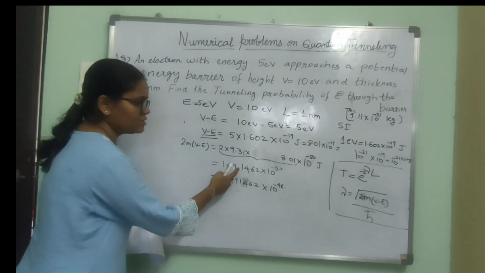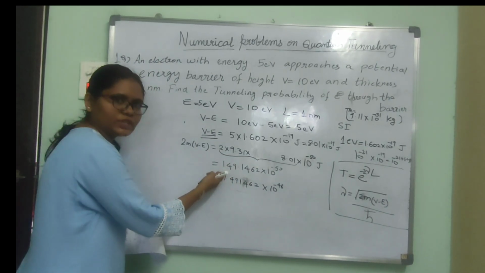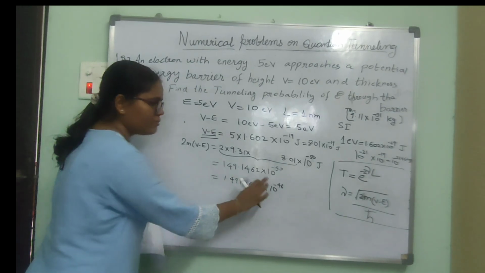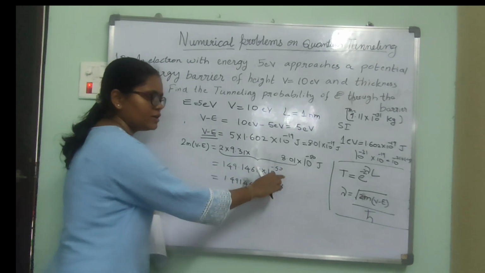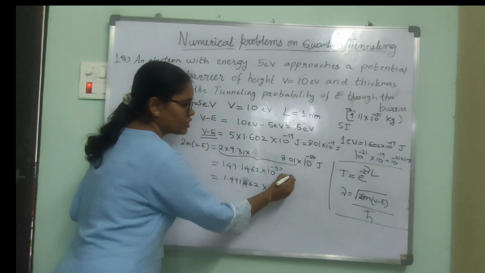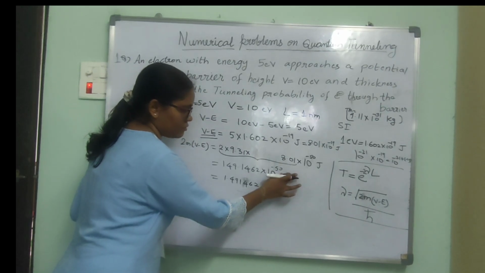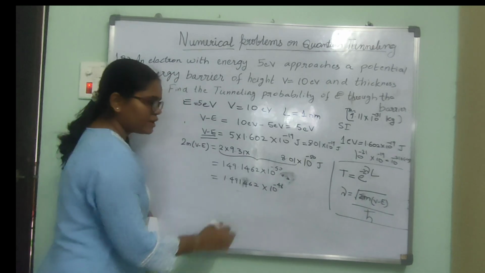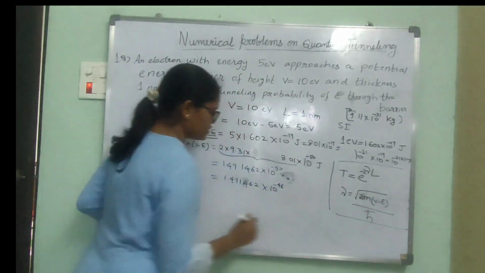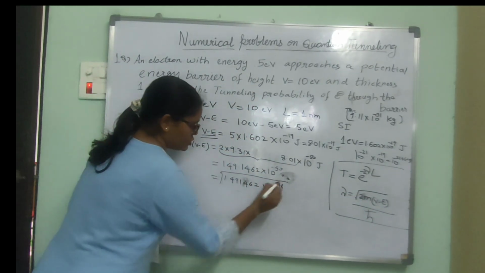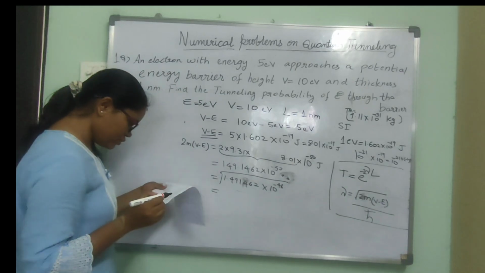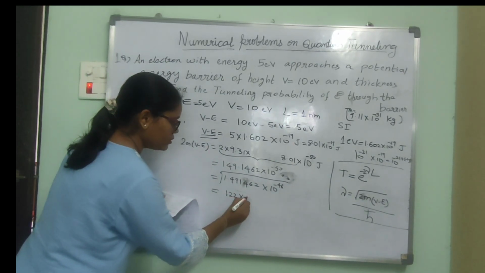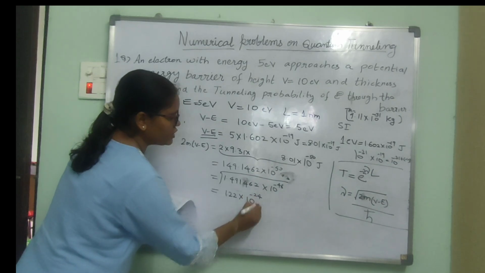I have moved the decimal to the left by 2 places, so I am multiplying by 100, that is 10 square, and minus 50 plus 2 is minus 48. Now we have to take the root of this value. Its root comes out to be somewhere around 1.22 into 10 power minus 24.